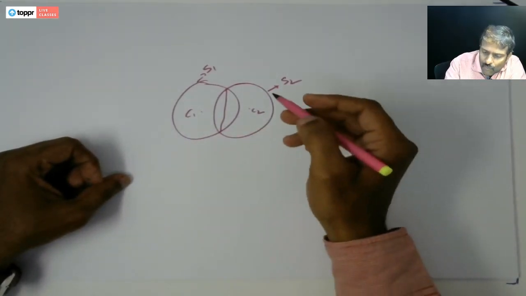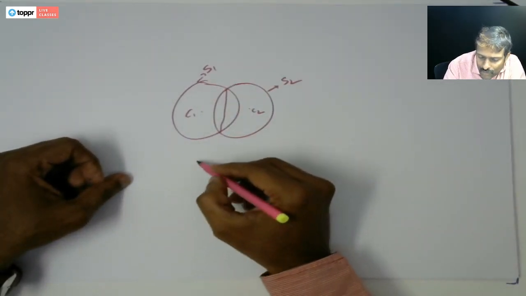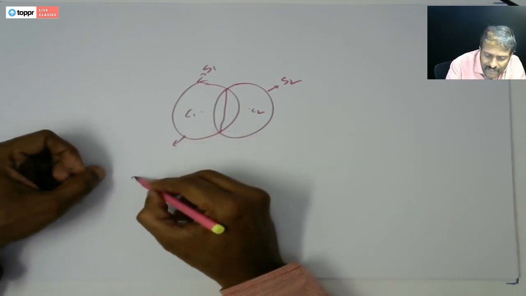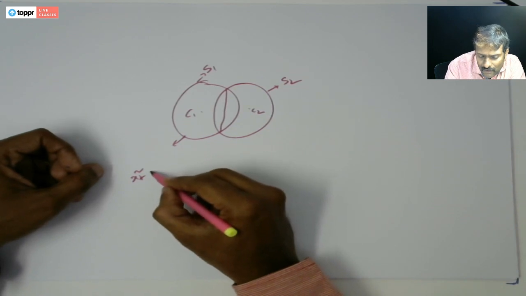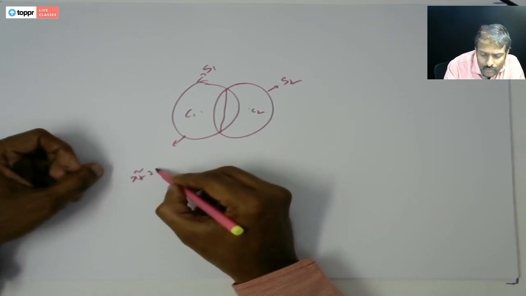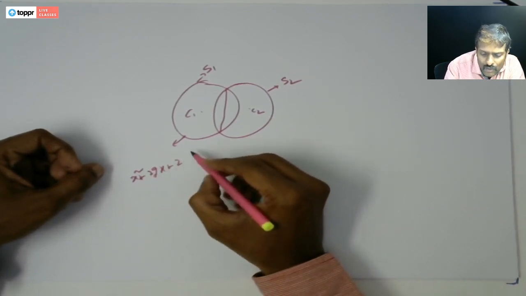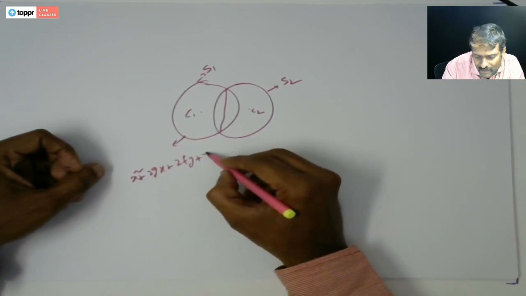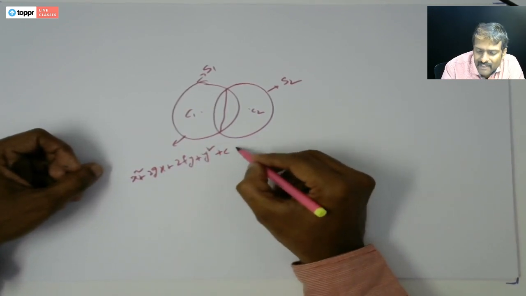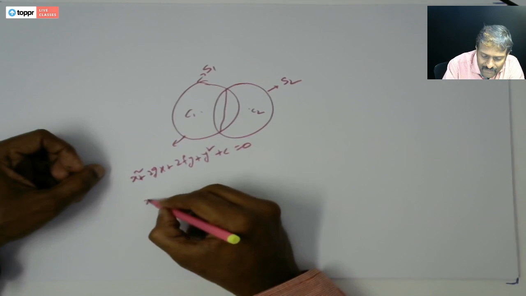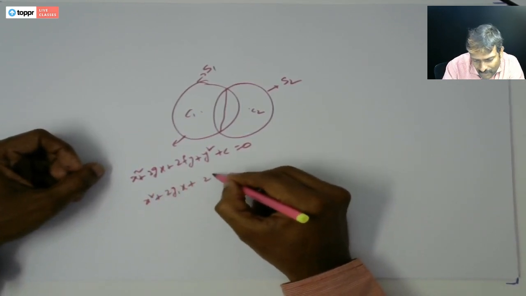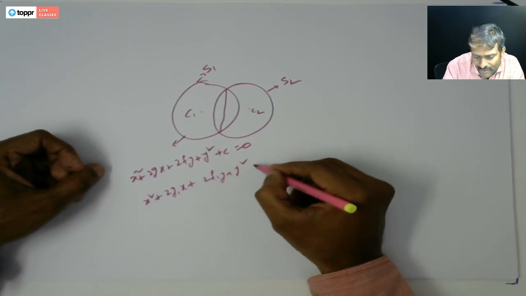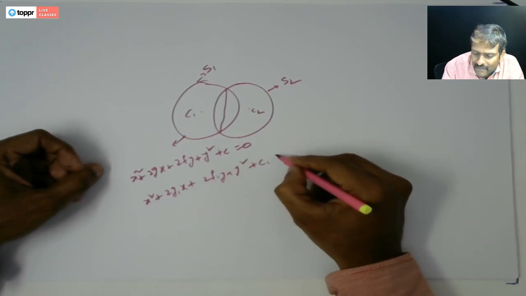So first, suppose this one is given as x square plus y square plus 2gx plus 2fy plus c is equal to 0, and the other one is given as x square plus y square plus 2g1x plus 2f1y plus c1 is equal to 0.